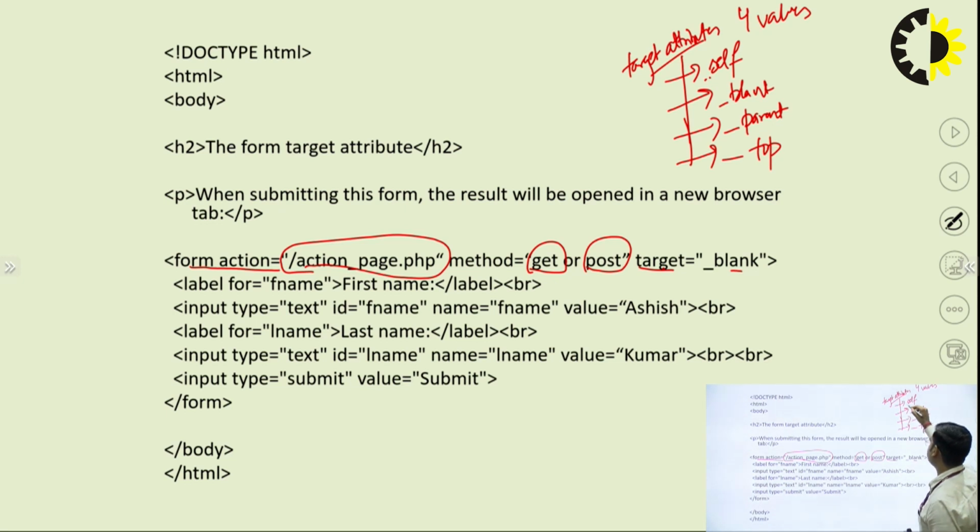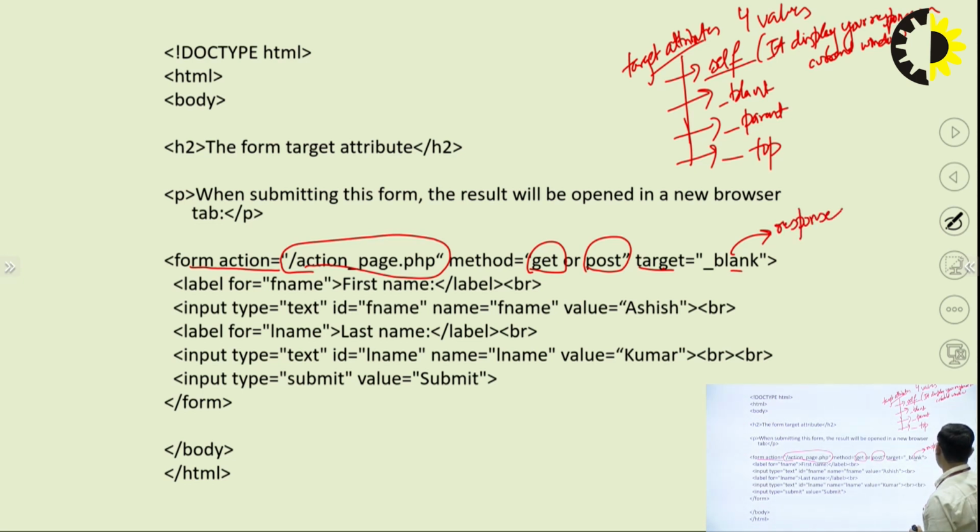So what does self stand for? It displays your response on the current window where you are working. If the target value is blank, that means your response is visible on the next window or next tab.